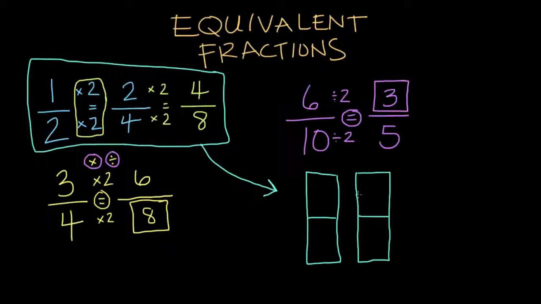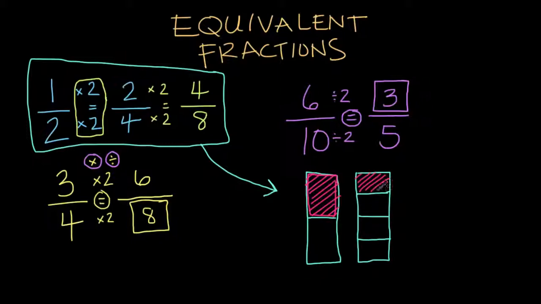Here's halves. Here's fourths. Now we're saying we got 1/2. If we shade in our 1/2, there's 1/2, right? Half of the rectangle. And now let's shade in 2/4.